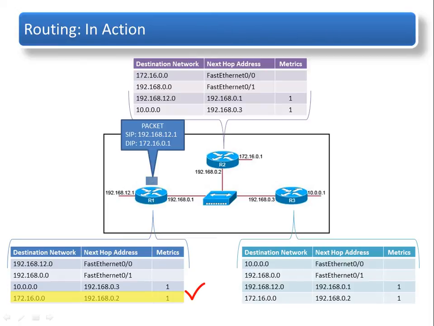To reach the 172.16 network, this message must first travel to 192.168.0.2, the public side of router 2. Before the packet can be sent, router 1 must reframe the packet with the source MAC address of the interface that belongs to this public network and a destination MAC address of 192.168.0.2.